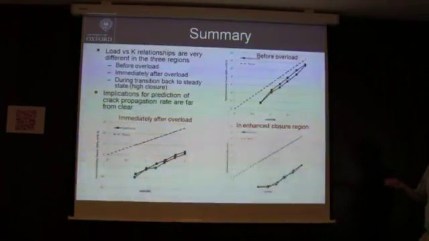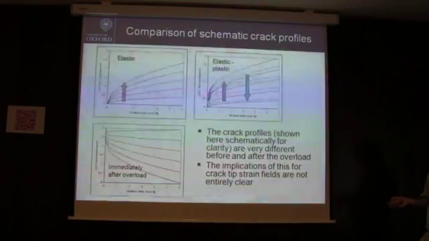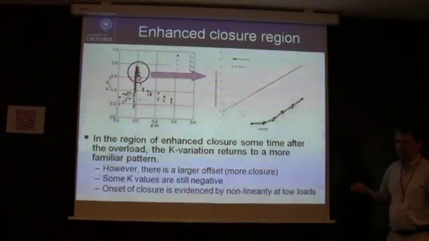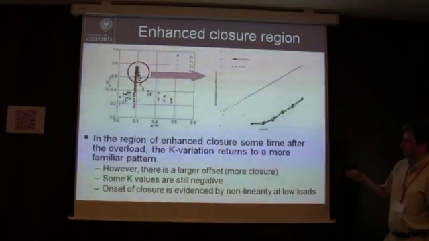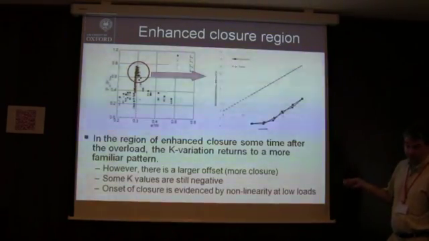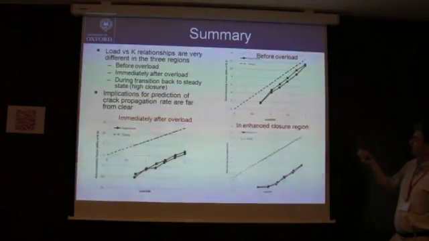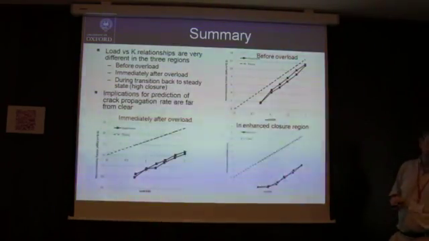Immediately after the overload, the offset actually increases, and we get these negative stress intensity factors, corresponding to this region of low closure, whereas really we would expect offset to be correlated with closure, so you might have expected that the offset would decrease here, but that's not what we find. And then in the enhanced closure region, again, we've got a bigger offset than we've got here, which kind of seems sensible.